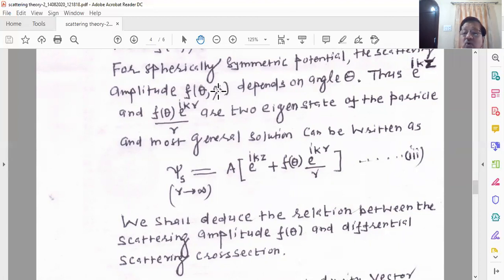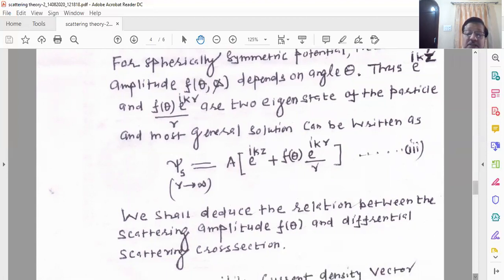In that case, your scattering amplitude depends only upon the angle of scattering theta, which is the angle between the scattered particle and the incident direction, as you people know.